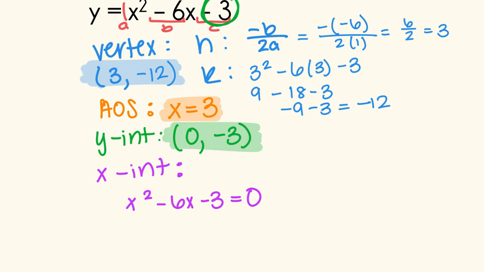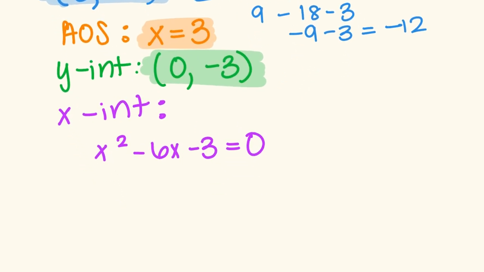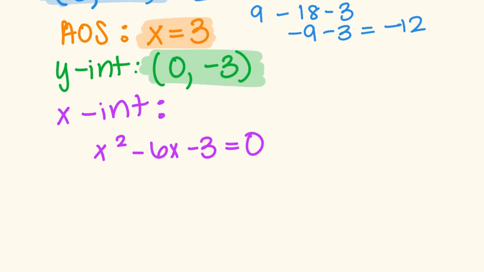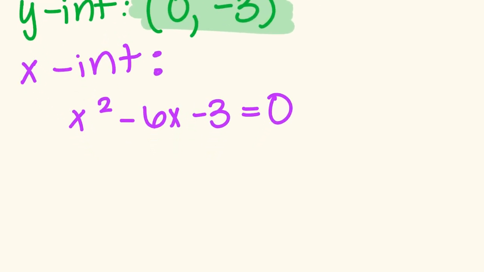Can something multiply to give me negative 3 and add to give me negative 6? No, so I can't do that. So you have to do the quadratic. You can use the quadratic formula, but I would use completing the square. You choose which one you feel comfortable with, and let's see if we get the same answer. I'm going to use completing the square, but if you want, you can use the quadratic formula. We should still end up with the same answer.